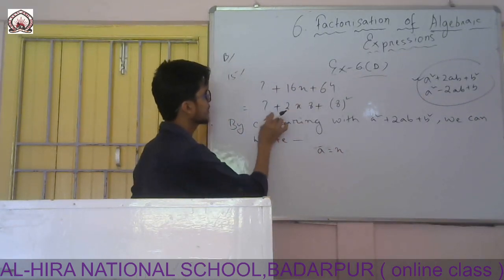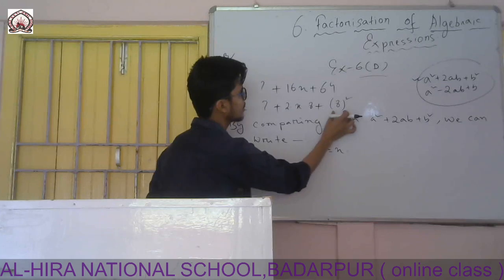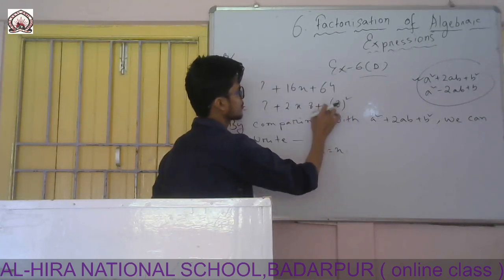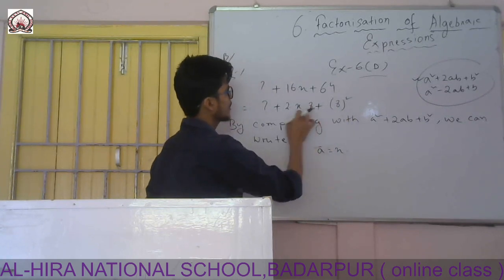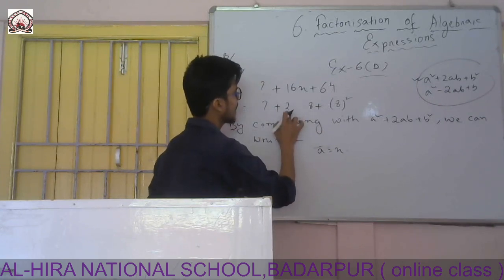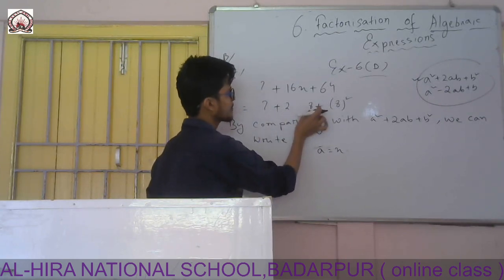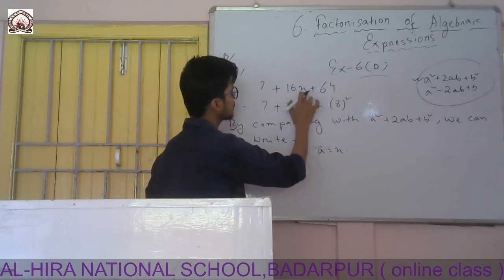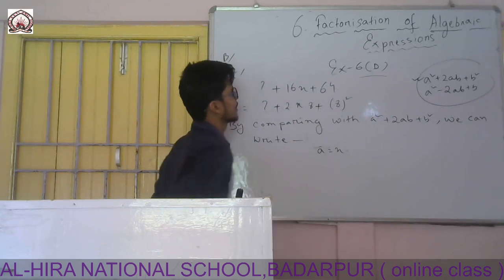So first of all, after writing this one I wrote the last term so that I can find which one is missing here. So 64, it is 8 squared. Now I wrote 2ab. First of all I didn't know which one is a, so I simply write 2, for a you keep some space, and write b. So 8 2s are 16, 16 is there, which one is left? x. So I wrote x.